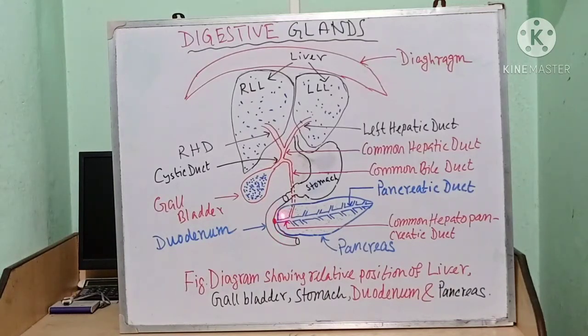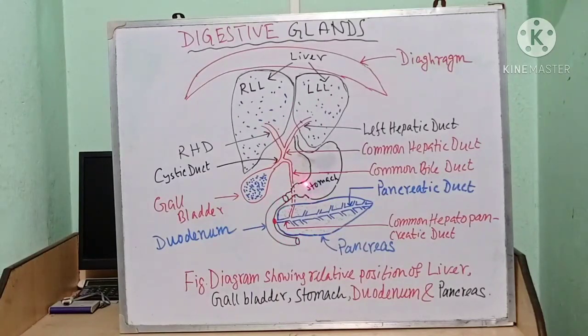So, the interesting matter is that within bile there are no digestive enzymes. Bile is without digestive enzyme, but it is very much essential for digestion of fat. Without bile, digestion of fat is not possible.